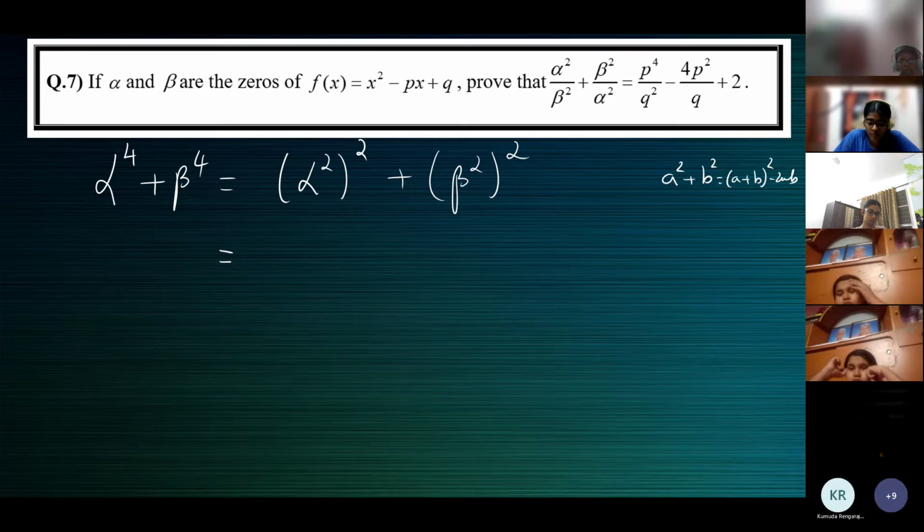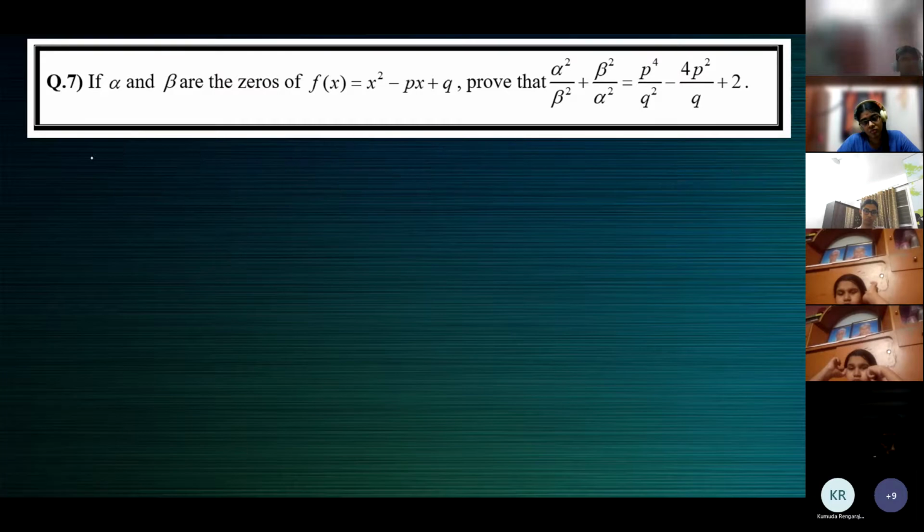Alpha is not a, because this is a, this is the square, this is b, and this is that square. So what is a? This is a square. This is b square.